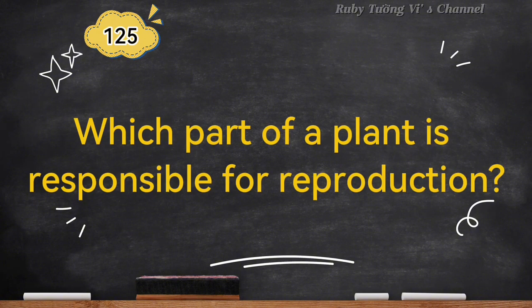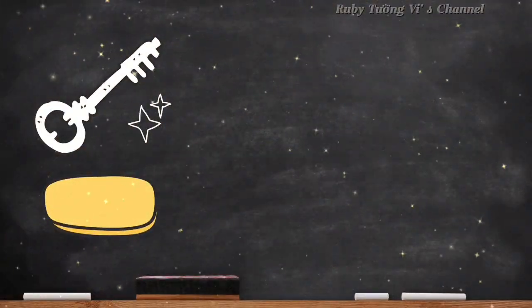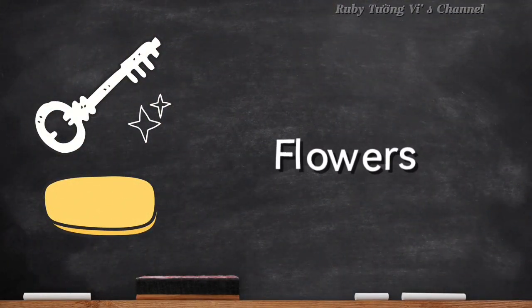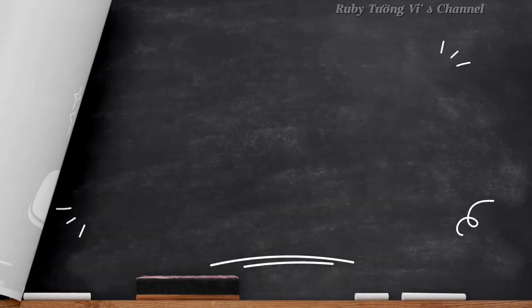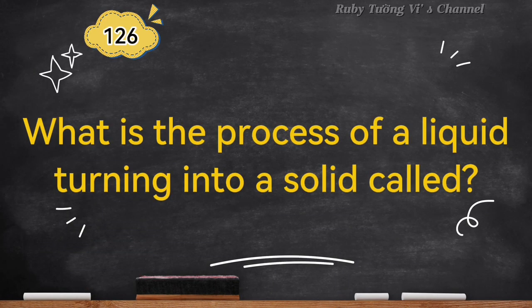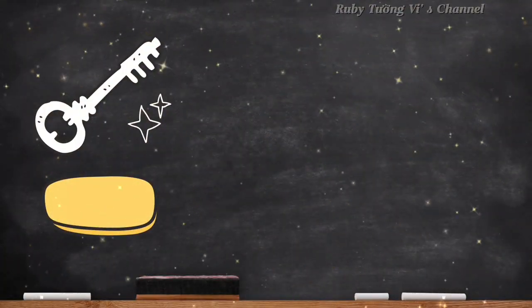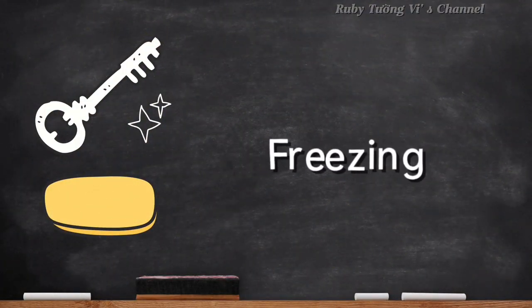Which part of a plant is responsible for reproduction? Flowers. What is the process of a liquid turning into a solid called? Freezing.